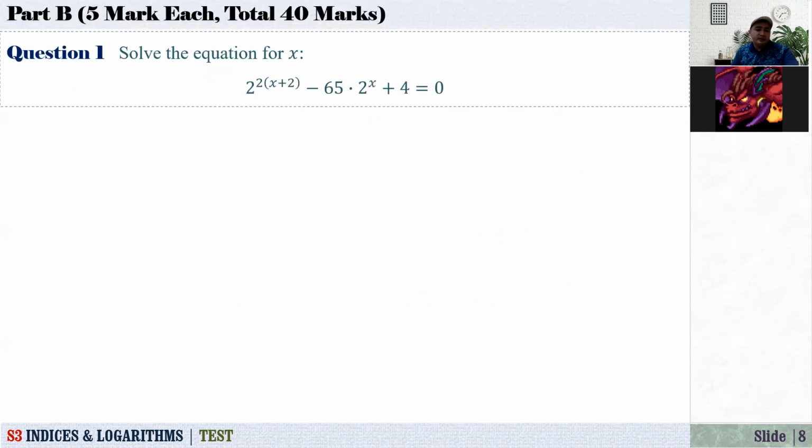Okay, part B, we have a few questions. It's about solving logarithmic equations. Solve the equation for x.